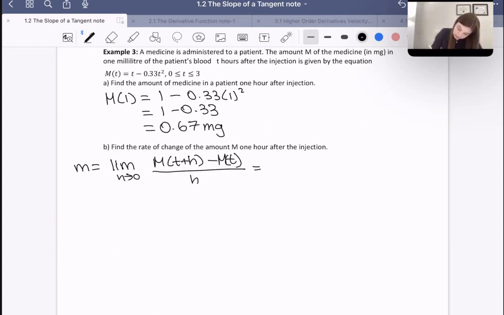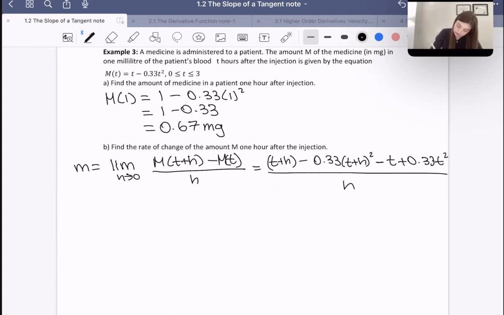And that is equal to t plus h minus 0.33 times t plus h squared, minus M of t, which is t minus 0.33 t squared, all over h. Oh, and I forgot, limit as h approaches 0. We can't forget that.